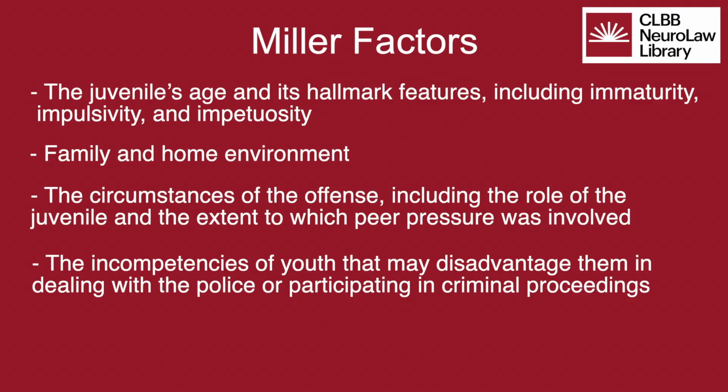Finally, the court also wanted attention paid to the individual youth's capacity for rehabilitation. This is consistent with the neuroscience that shows us the sponge-like nature of an adolescent's brain that is primed for learning, for novelty.